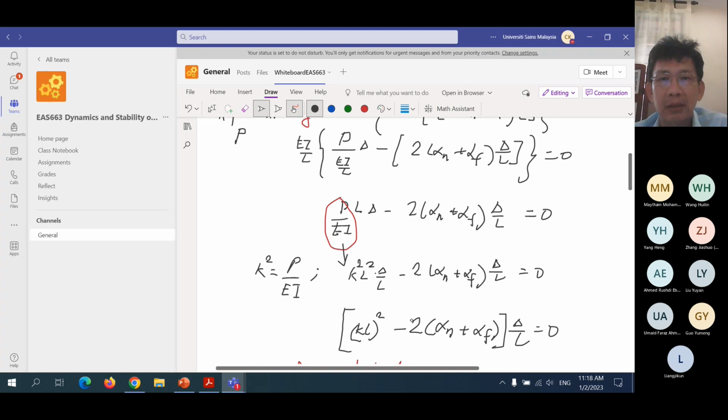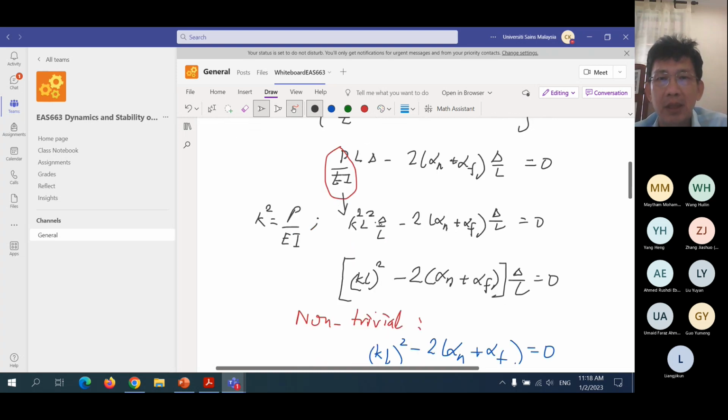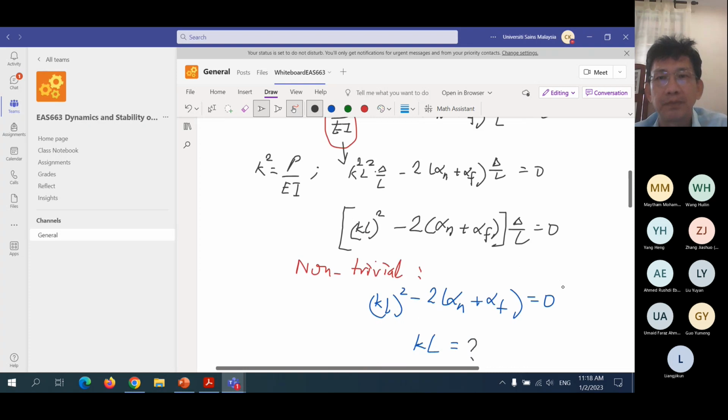So next, we can then rewrite this one and this one, we factor it out. And then we end up with these equations: KL square minus 2 alpha N plus alpha F, the whole thing multiplied with delta over L equal to 0. So now we have obtained this equation.